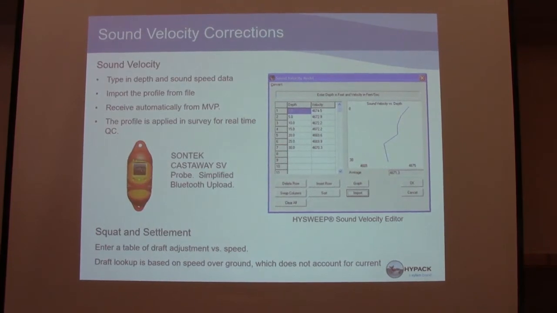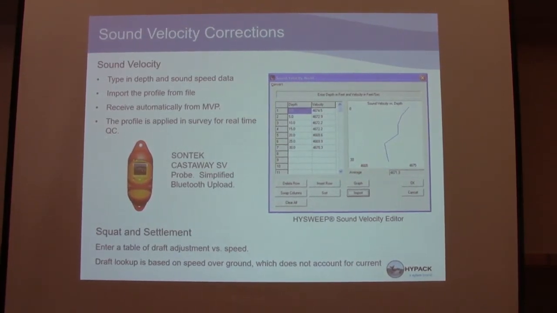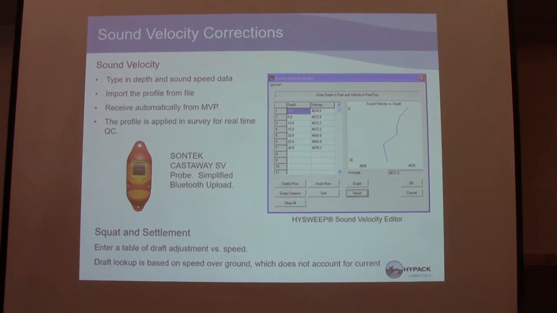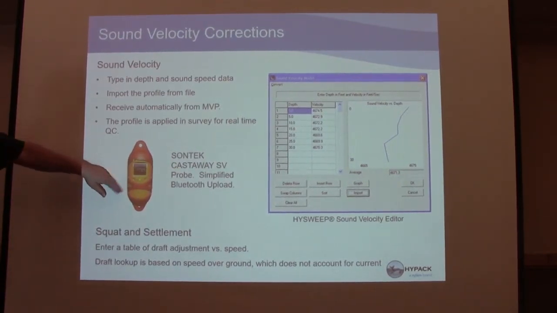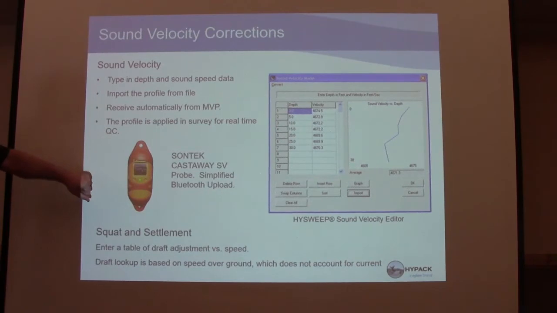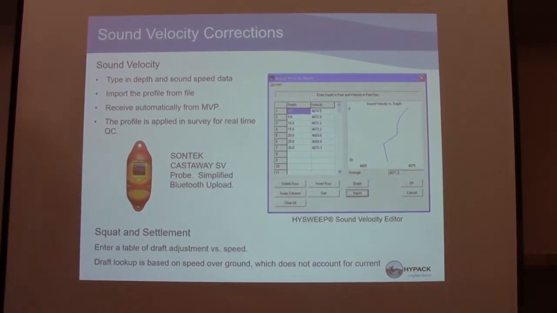Okay. Sound velocity corrections, it's a table. It's depth versus sound velocity. Most of these probes, this one here, this is a Castaway that YSI sells, and it does a couple of different things. I think all the sound velocity probes are really doing this now.